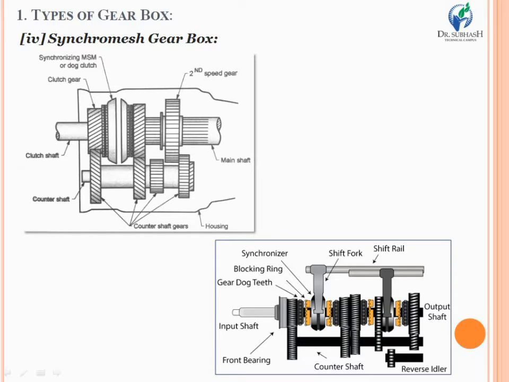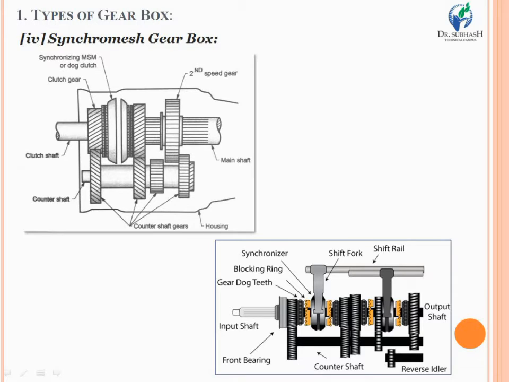Now the synchronous gearbox is generally very similar to the constant mesh gearbox, but there is one difference: the synchronous gearbox is provided with a synchronizing device by which the two gears to be engaged are first brought into frictional contact, and once they equalize their speed, they engage smoothly.